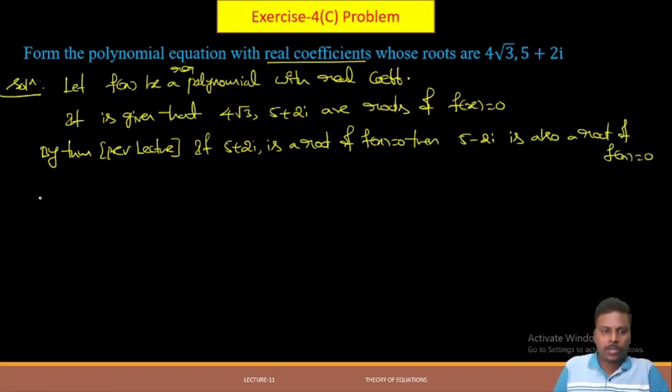This is the conclusion, and you cannot claim here that minus 4 root 3 is also a root, because they are not insisting on rational coefficients.